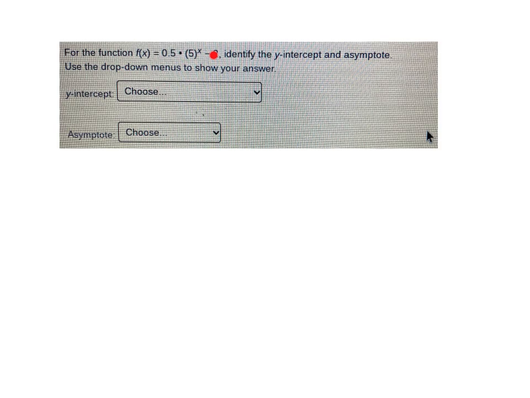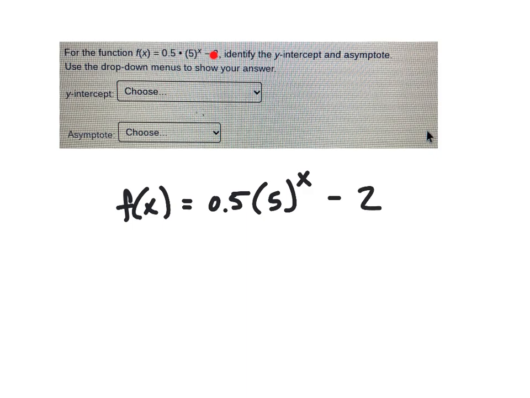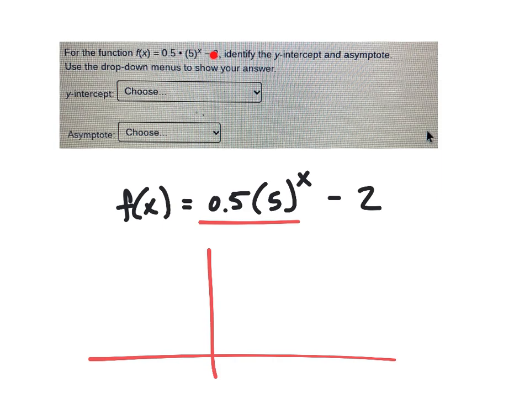Let's look at just this part here, 0.5 times 5 to the x. If you were to graph this, your y-intercept, your initial value, is 0.5, and your graph is going to look like this.